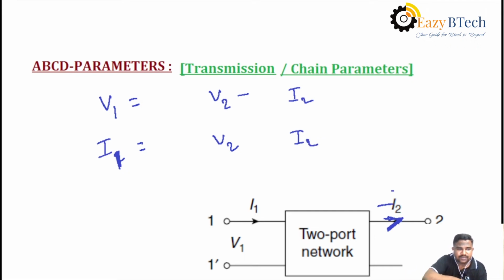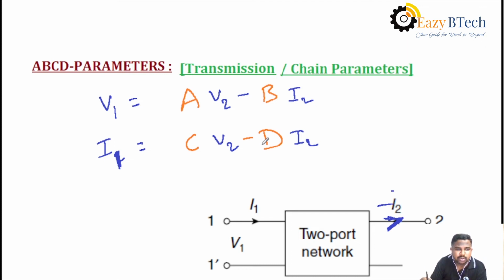Then what are the values of ABCD? V1 equal to A into V2 minus B into I2. Why? Because I2 is in the reverse direction, that's why it is taken as negative. Similarly, I1 equal to C into V2 minus D into I2. These are the standard equations of ABCD parameters.